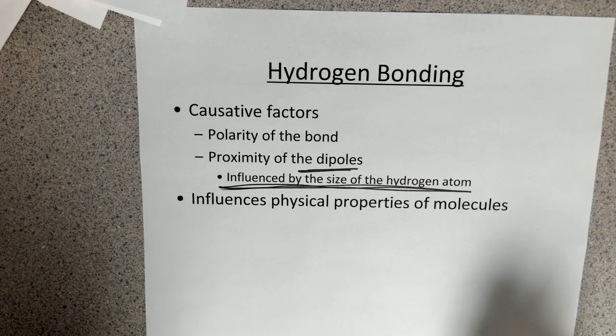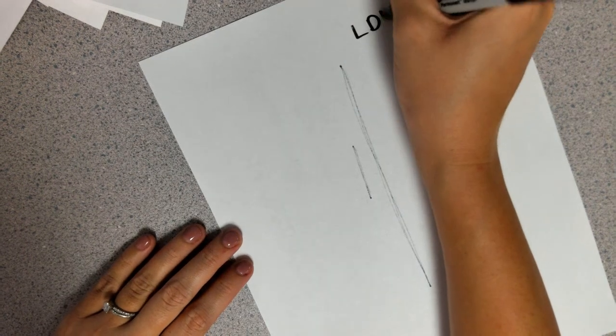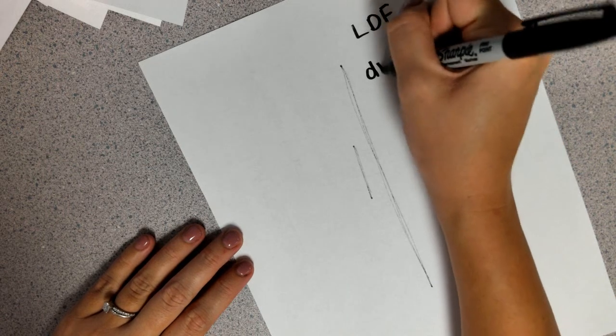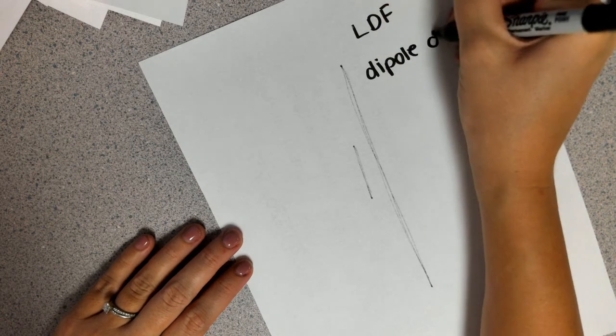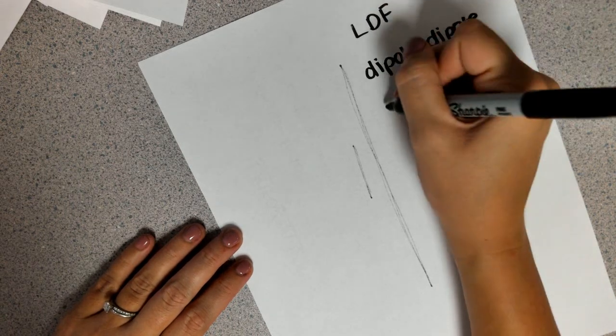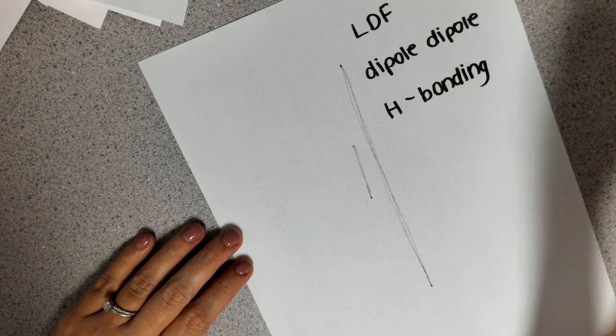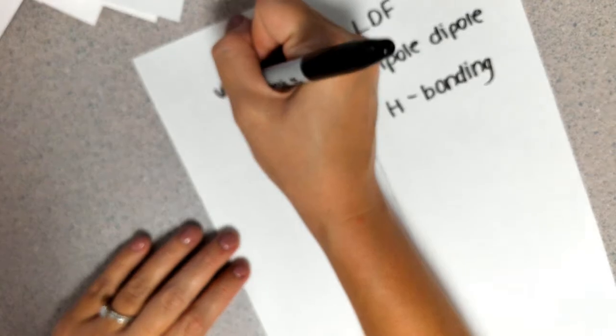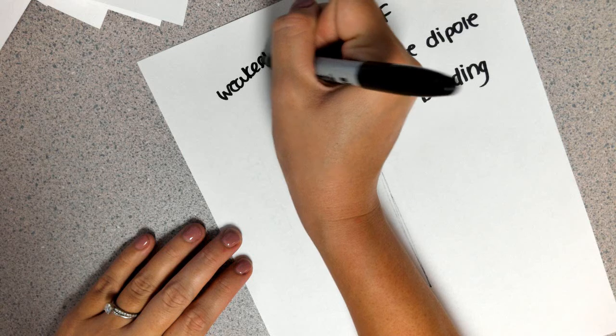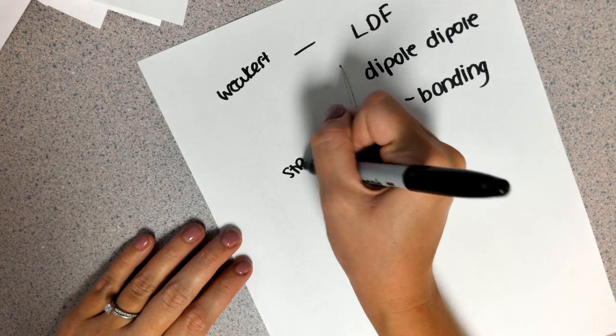So today I went over the 3 types of IMFs. There are more types, and there are more videos to watch. London dispersion forces, dipole-dipole, and hydrogen bonding. London dispersion forces are the weakest and hydrogen bonding is the strongest.